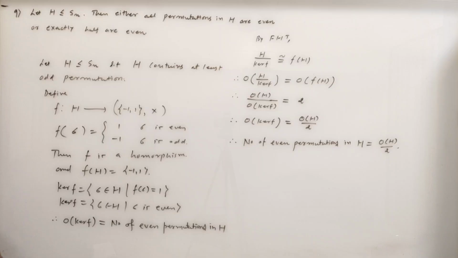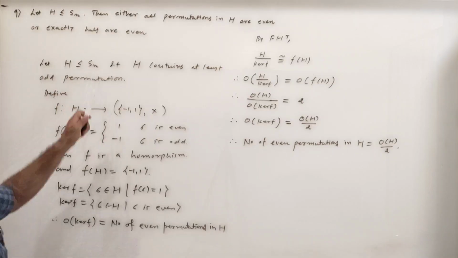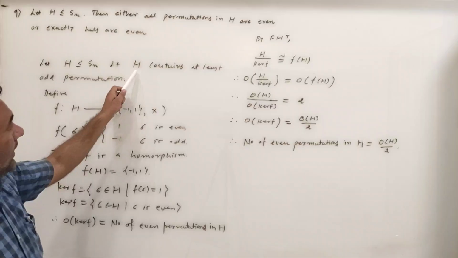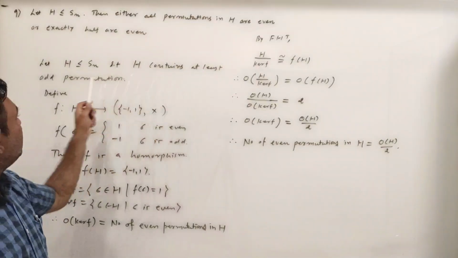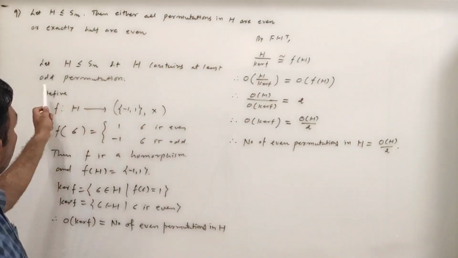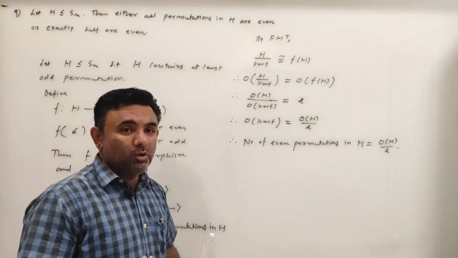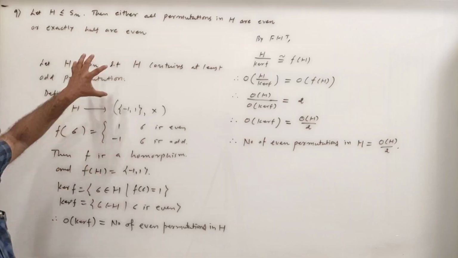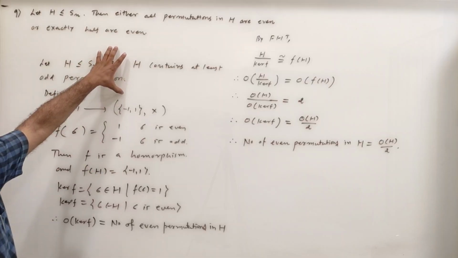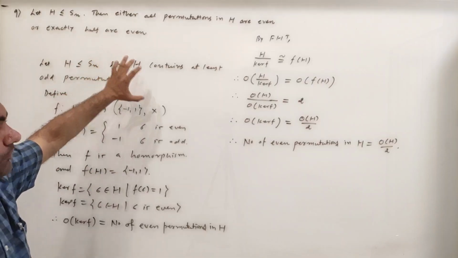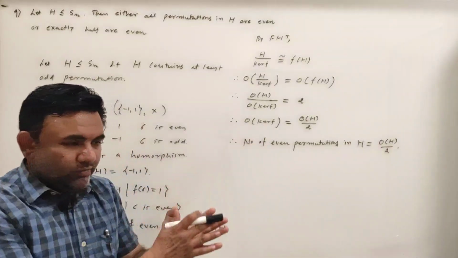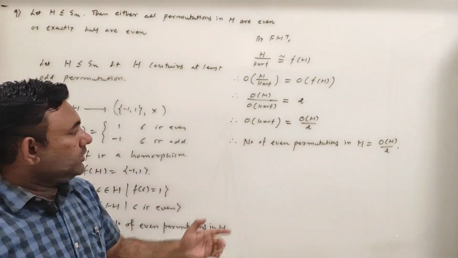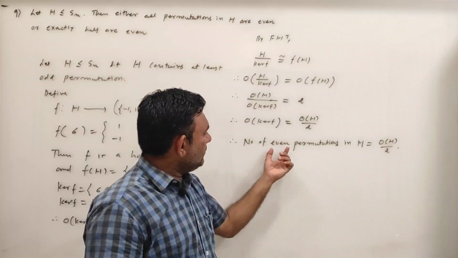See, हमने शुरुआत कहाँ से की थी कि H is a subgroup of Sn and H contains at least one odd permutation. We don't know how many odd, but it contains some odd permutations, right? And what we have proved, तो ये H में कुछ इवन हैं, कुछ ऑड परम्यूटेशन हैं. तो H में इवन परम्यूटेशंस कितने हैं?